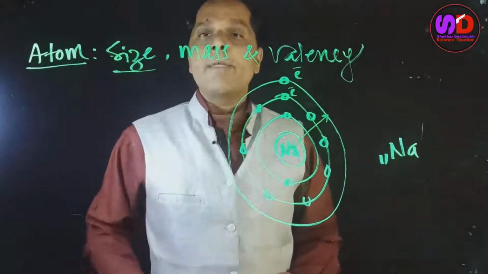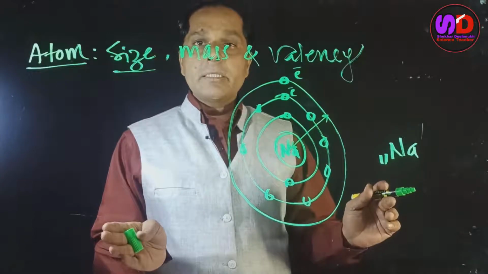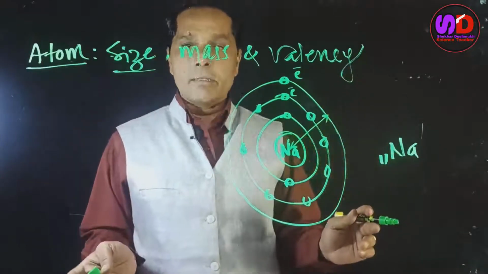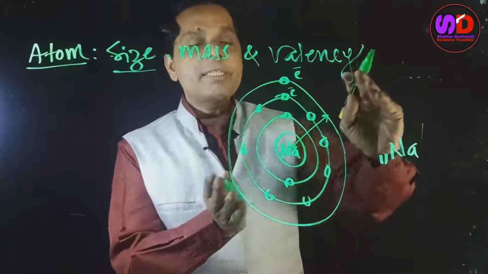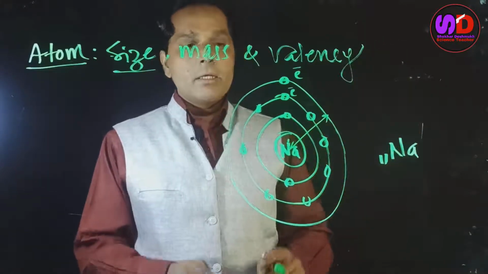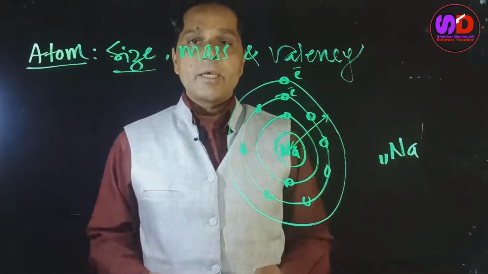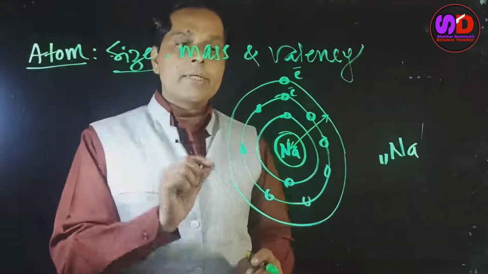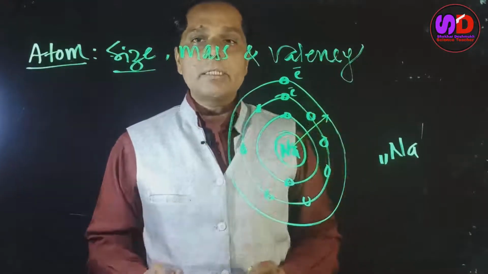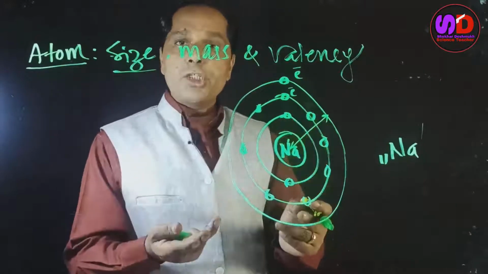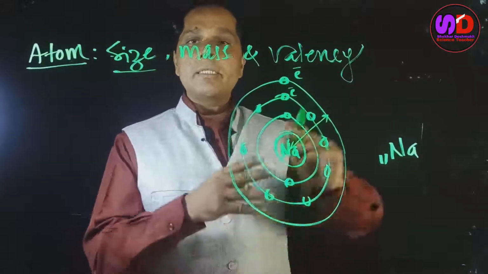That means the more the radius, the more the size of the atom. If more orbits are present, definitely the size of the atom also increases because the radius increases. If an atom has only 2 orbits, then it must be smaller than this one, which has 3 orbits. Suppose we take potassium, it has 4 orbits, so its size is more than that of sodium.